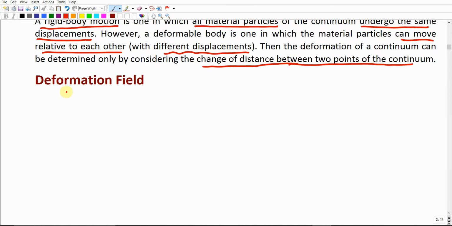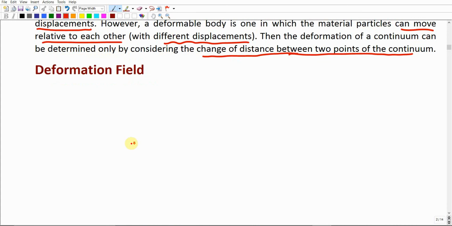So given this discussion, we can define what deformation field means. Simply we can say that the deformation field, and we're going to give it the symbol F vector. So F is a vector. We use it to describe the deformation in all the textbooks of continuum mechanics and linear elasticity, or elasticity. We use F to describe the deformation of the continuum, and it is a vector.